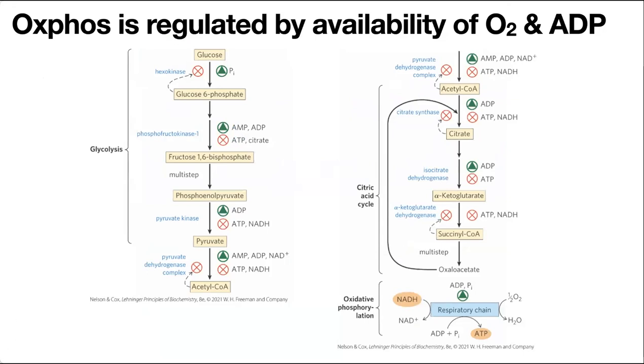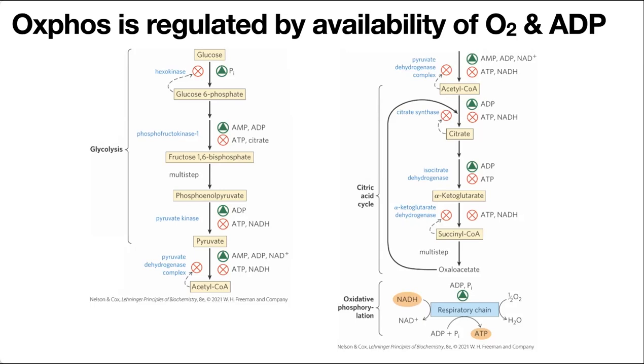And all of this was kind of happening at the end of a bunch of interconnected pathways. We talked a lot about how these other pathways, things like glycolysis and the citric acid cycle, were going to be regulated allosterically by the availability of ADP and ATP and NADH, as well as thermodynamically.